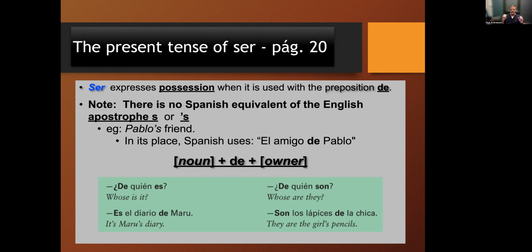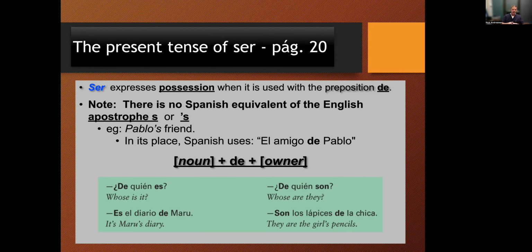So what we say is, it's the friend of Pablo. It's the book of John. It's the pencil of Mary. So instead of saying Pablo's friend, we say el amigo de Pablo. If you're saying he is Pablo's friend, él es el amigo de Pablo. Juan es el amigo de Pablo. But that's how you express possession, by saying the noun and de, which means of in this case, and then the owner.